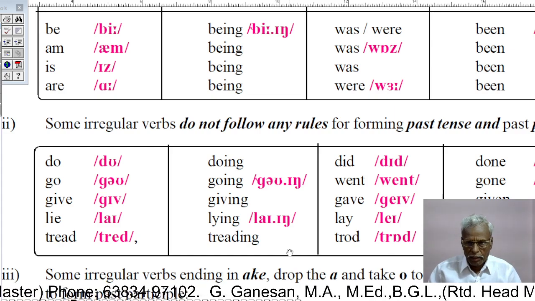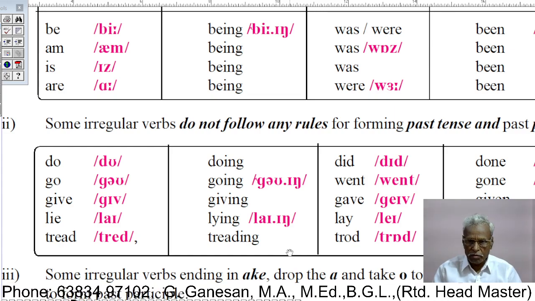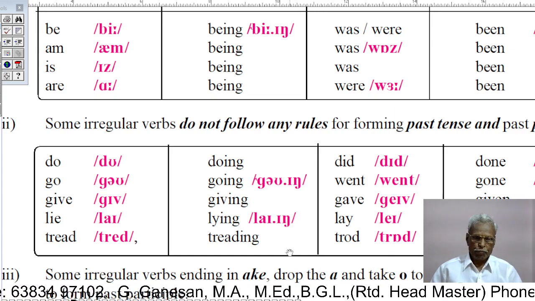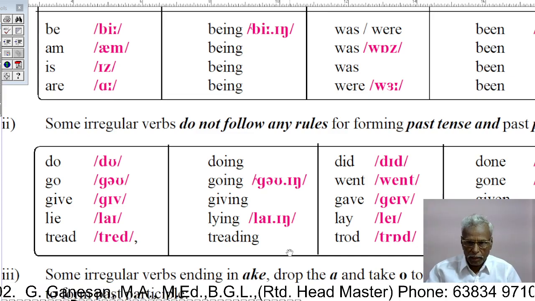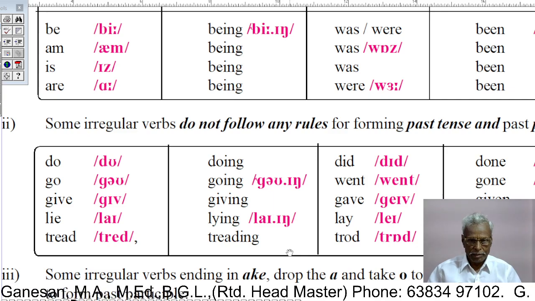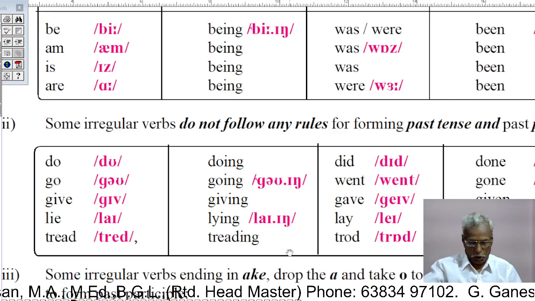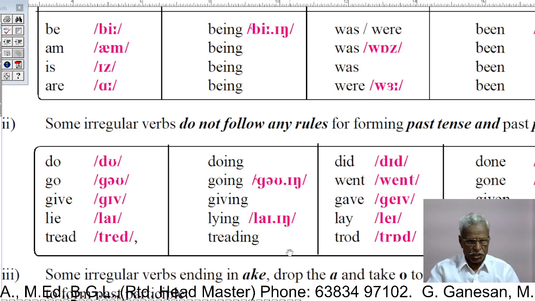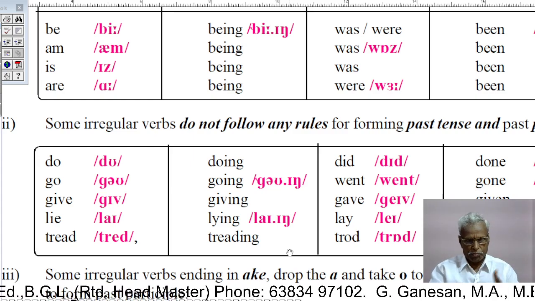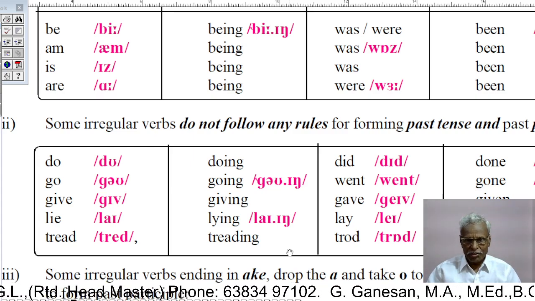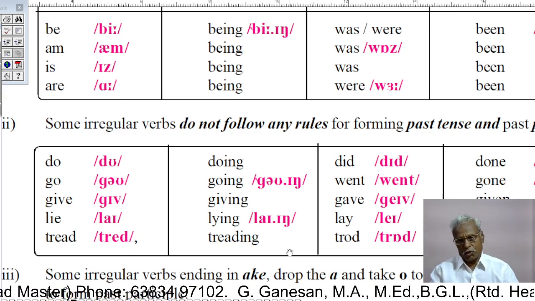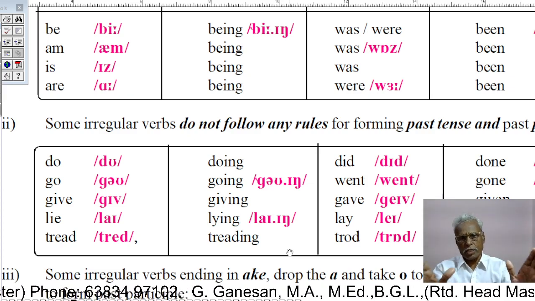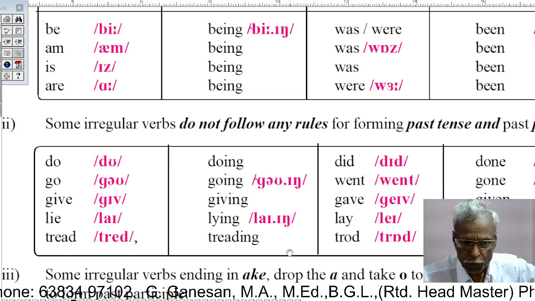Do, did, done. Go, went, gone. Give, gave, given. Lie, lay, lain. Tread, trod, trodden. See, no rules here. These five verbs are not having the same kind of rules to form the past tense and the past participle. This is a group of verbs.